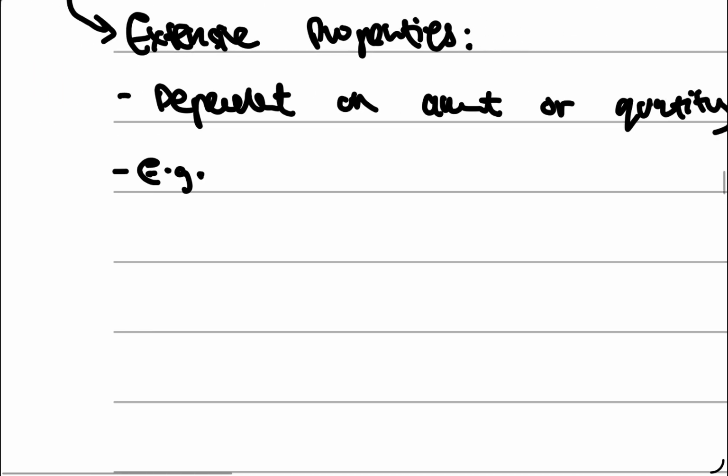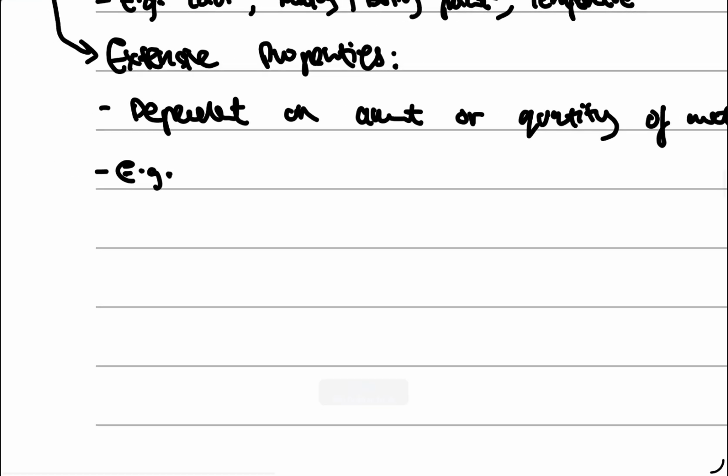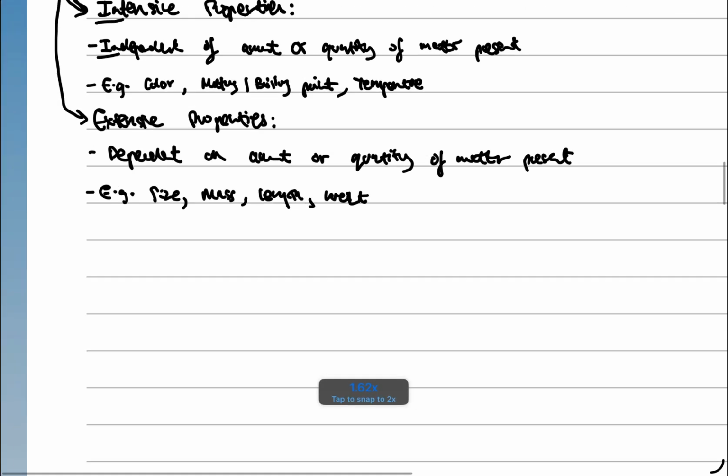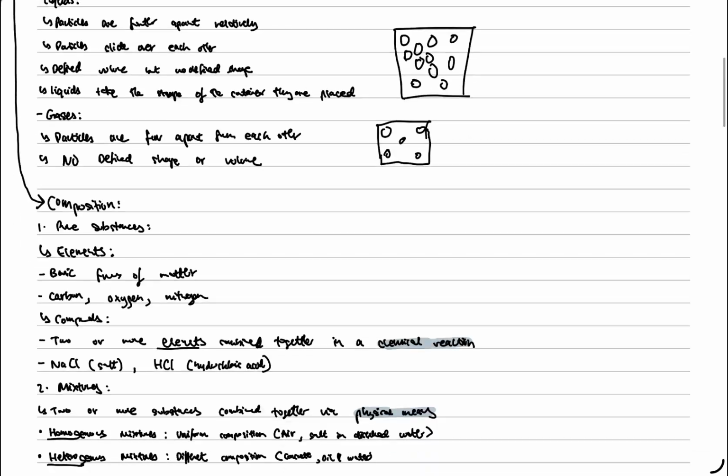All right, and so examples of this could be things which depend on how much of it is there. So, you know, size, obviously, mass, length, weight, and so on. Many other examples, but those are the ones that come to mind.